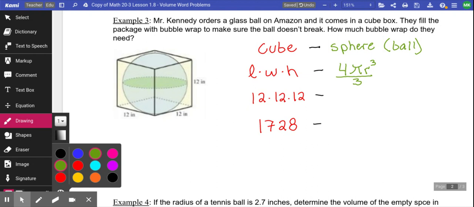Plugging this in, that means it's 4 times pi. What is the radius of that sphere? 6. How'd you get 6? It's just half. Yeah, you're right. Because the box is 12 by 12, if I'm in the middle of the sphere and I went to the outer edge of that box, it would be 6. It would be halfway. So it is 6 cubed, and then we divide that by 3.